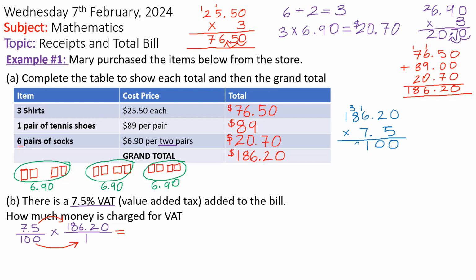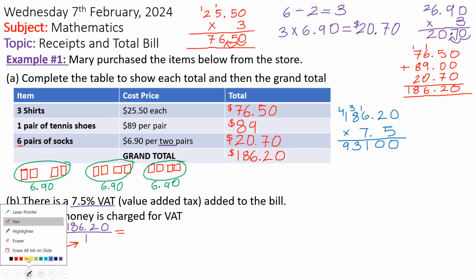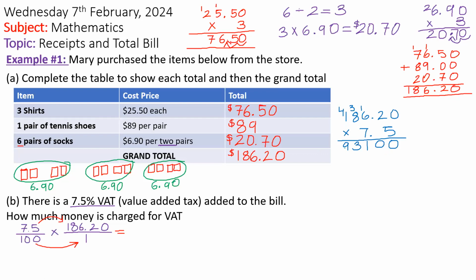Put the 3 down, put the 4 above. 5 times 1 is 5. 5 plus 1 plus 4 is 9. Good. Now what do we do? We're gonna add a placeholder, and the placeholder is going to be 0.